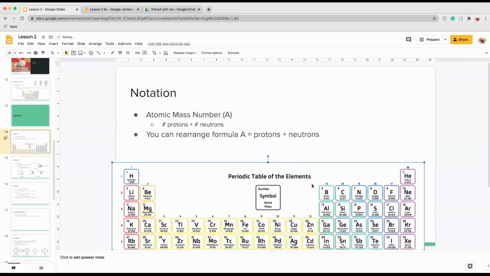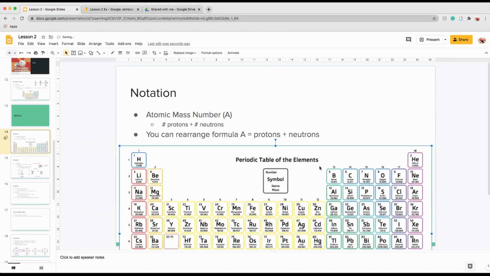So, information about your element. Okay, atomic mass number. The atomic mass number is the weight of an element. It is represented by the capital letter A, and it's equal to the number of protons plus the number of neutrons.